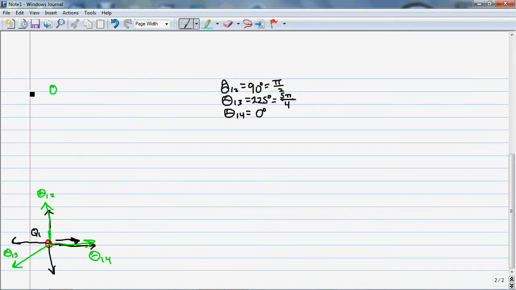And I'll have my x-axis, y-axis. So now, going to charge 1, that force vector is going to be in the downward direction.